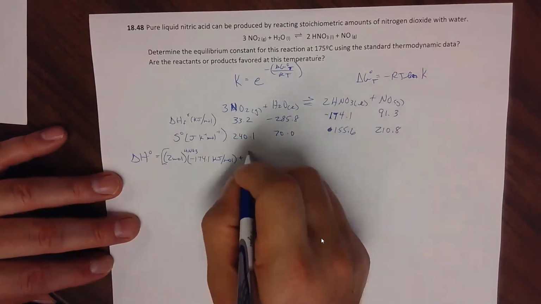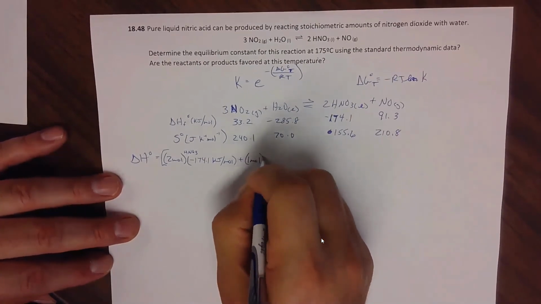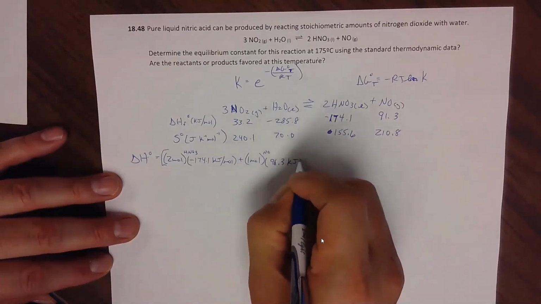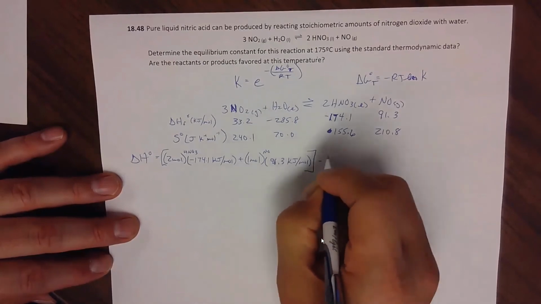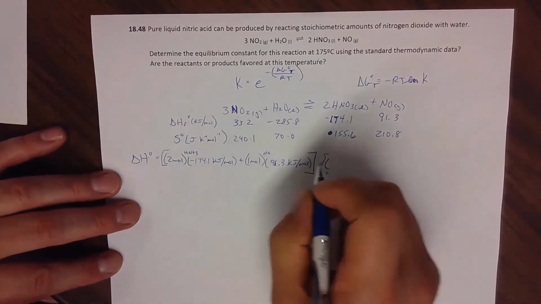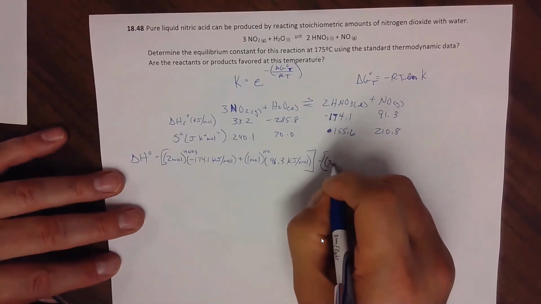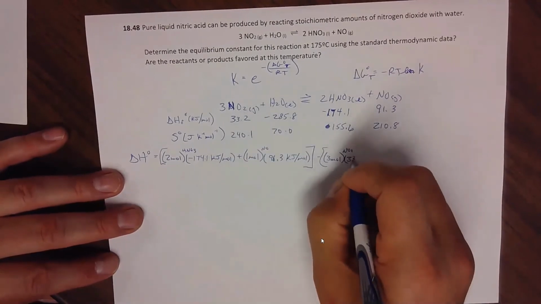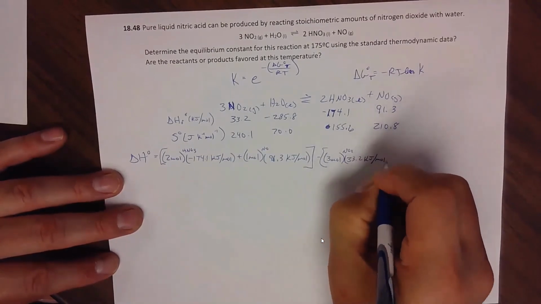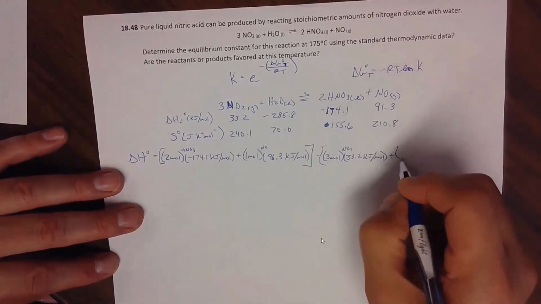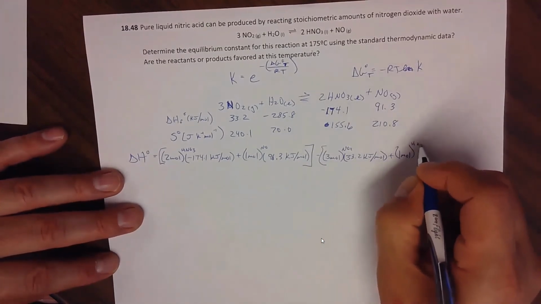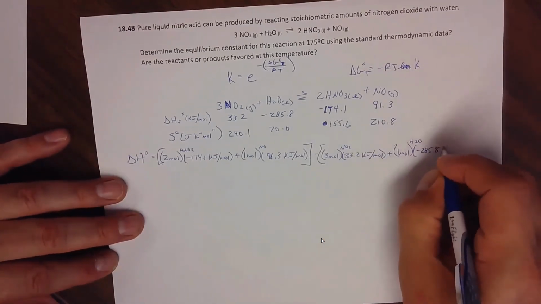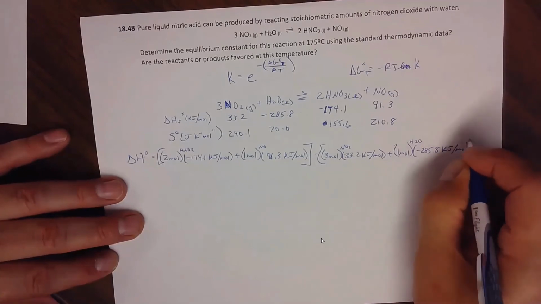Add to that the 1 mole of nitric oxide at 91.3 kilojoules per mole. We'll subtract from that the reactants. So there's the 3 moles of nitrogen dioxide at 33.2 kilojoules per mole. Add to that the 1 mole of water at negative 285.8 kilojoules per mole.